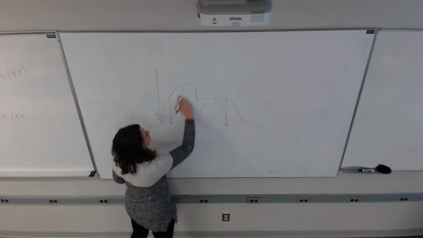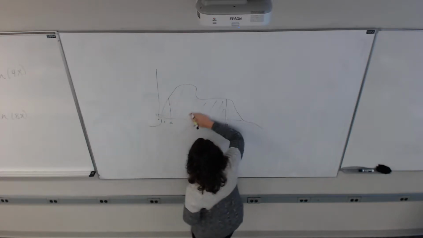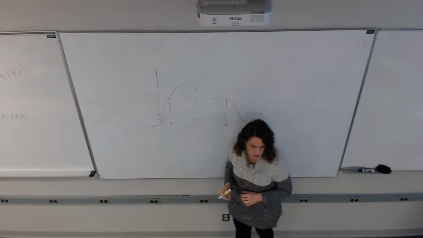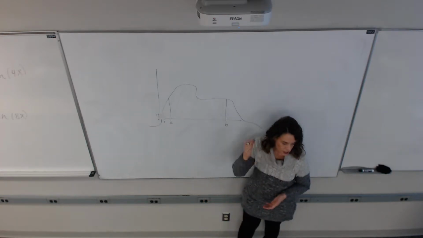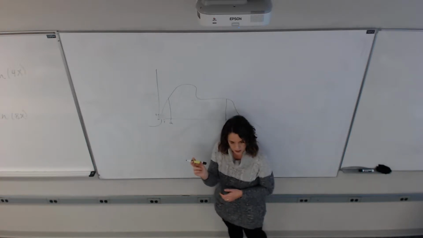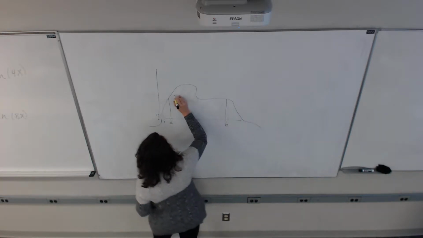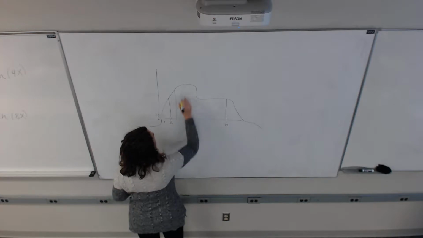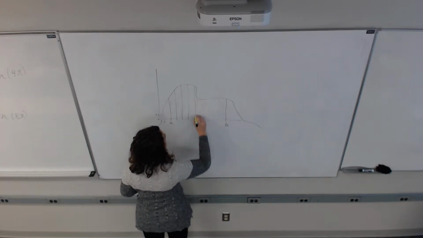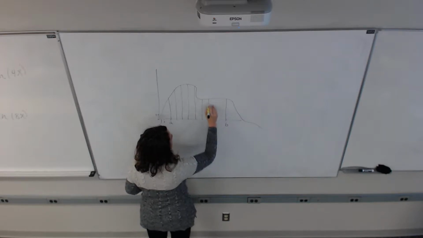They decided they would cut it into a partition, which means cut it into parts, a regular partition, like a regular solid where all the cross sections are the same. They're all the same width. So they said, okay, I'm just going to divide this up into regular little slices like this.